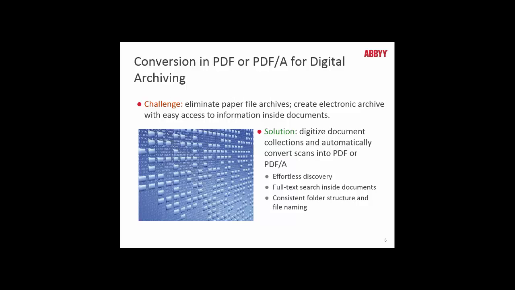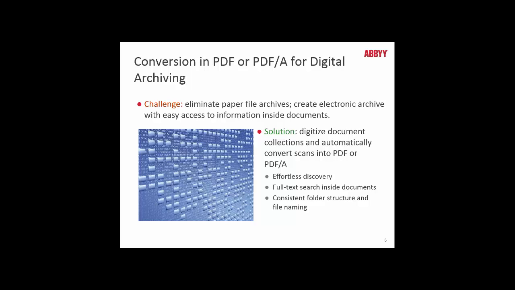Let's move on. The first and the most popular scenario is archiving. This solution is perfect for digitizing big paper collections and converting image documents like TIFF, JPEG and so on into full text searchable electronic formats such as PDF, PDF/A or XML, so it will be suitable for archiving, e-discovery, enterprise-wide search and so on.